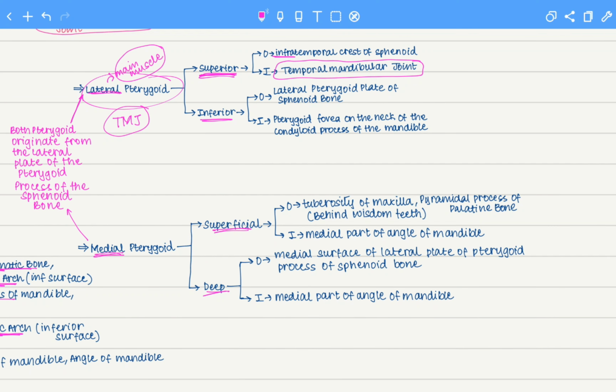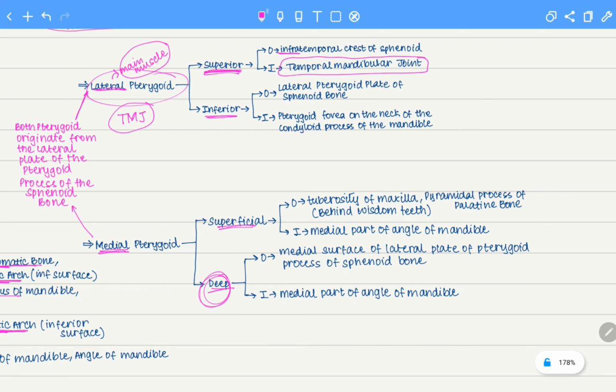To discuss the origin of the inferior head of the lateral pterygoid, we'll compare it with the deep head of the medial pterygoid. So if you notice this point written here on the left, both the pterygoid will originate from the lateral plate of the pterygoid process of the sphenoid bone. So that is with respect to the inferior and deep part. Both of these are going to originate on the lateral pterygoid plate of the sphenoid bone.